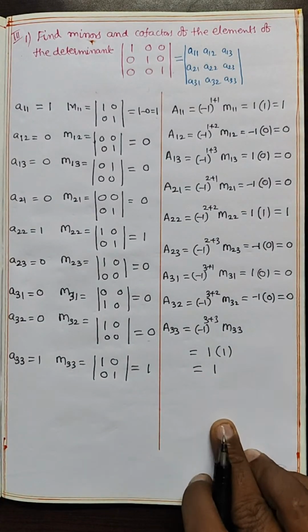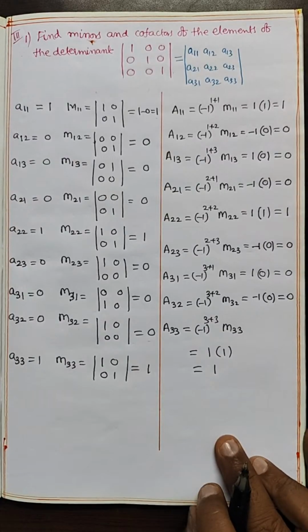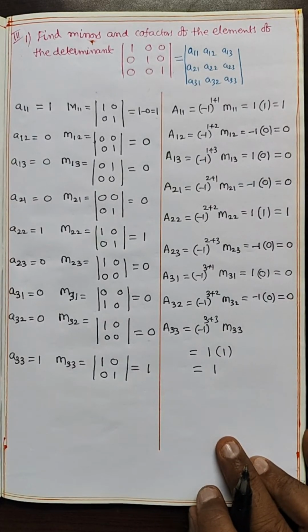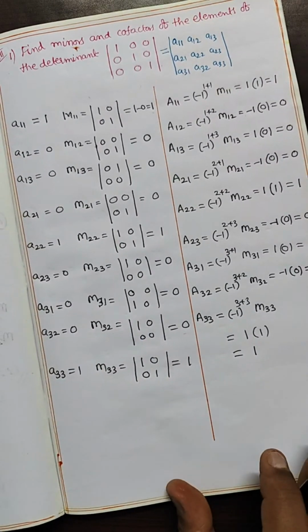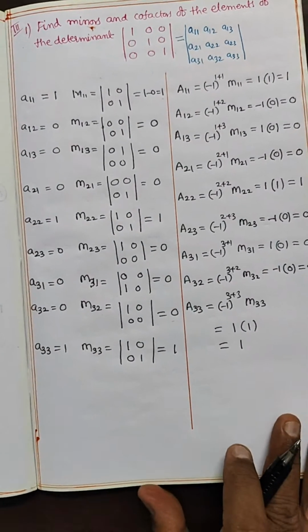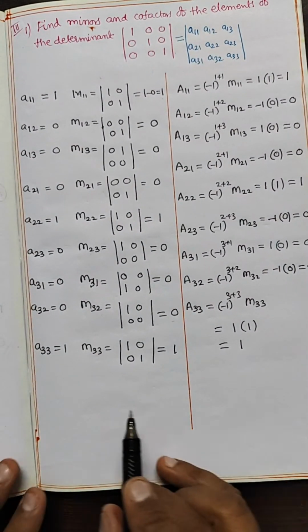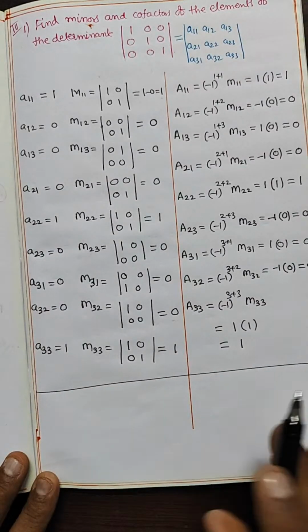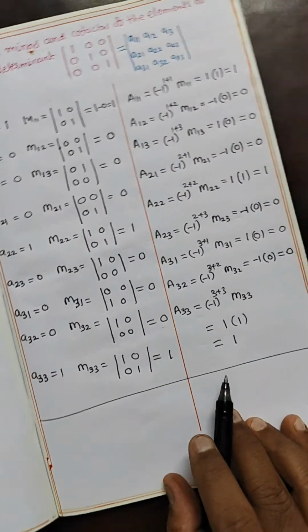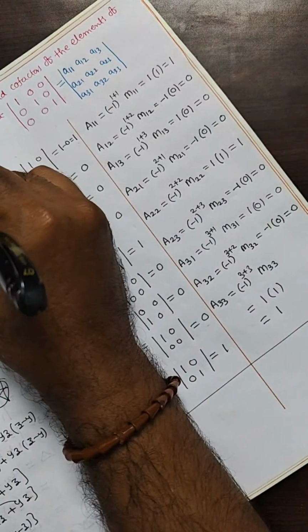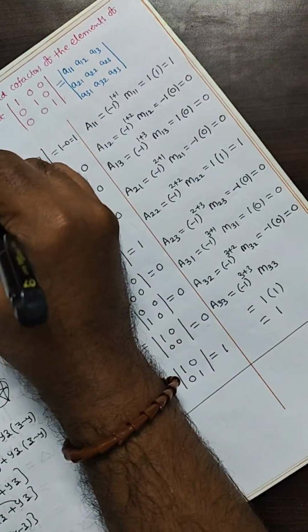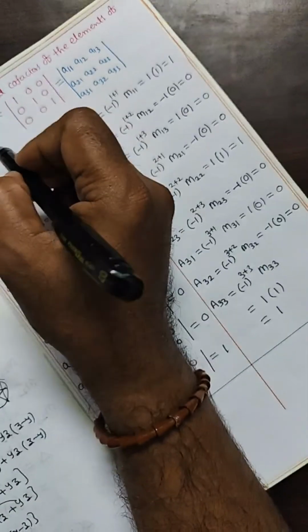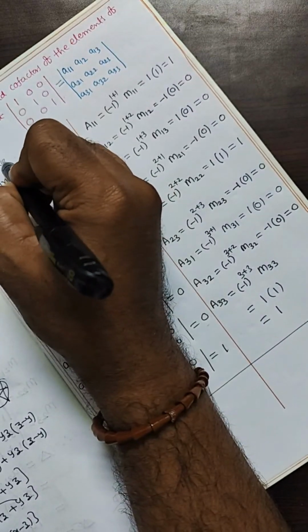Now, we will calculate for question number 2 in the third bit. This is the last question. In this session, we are going to finish it now. Till here only, dear students. These are the minors of the given determinant.